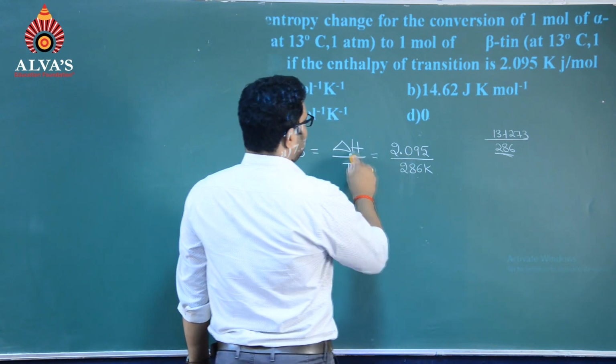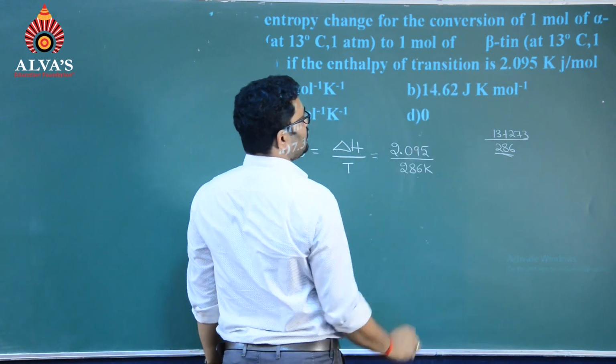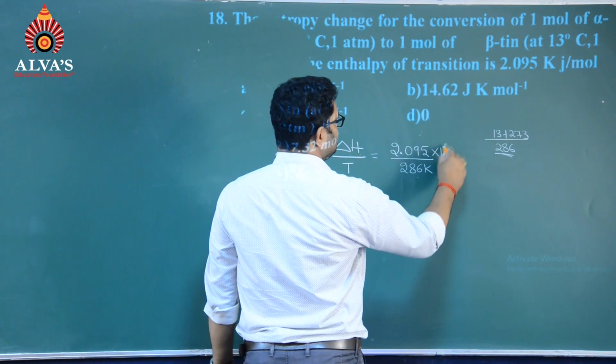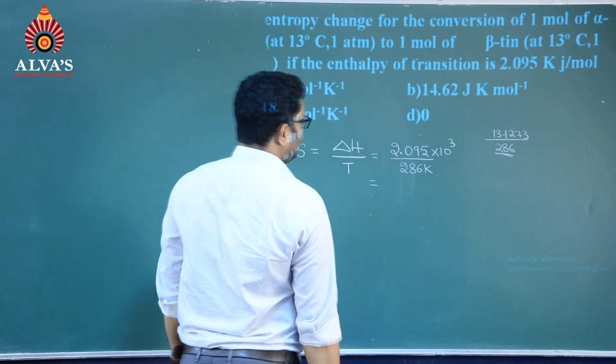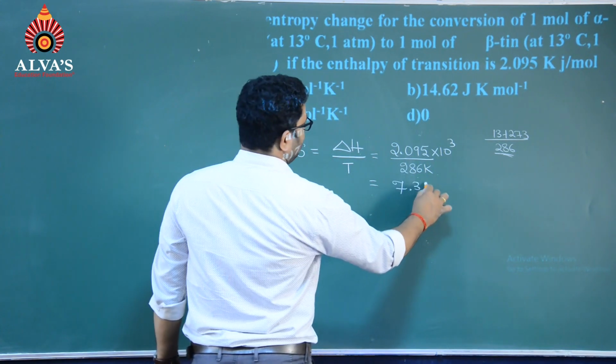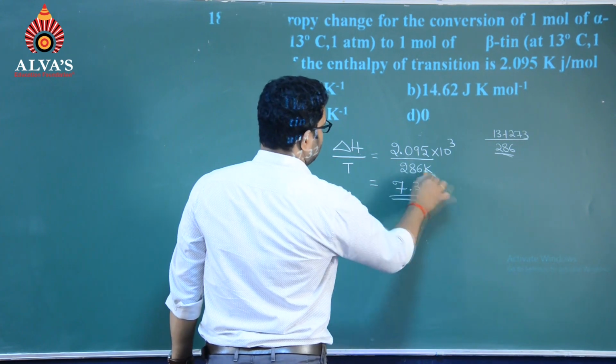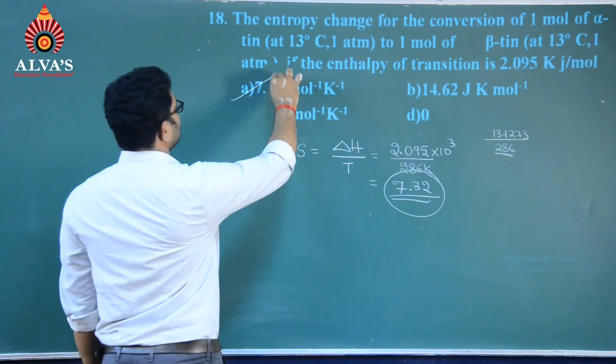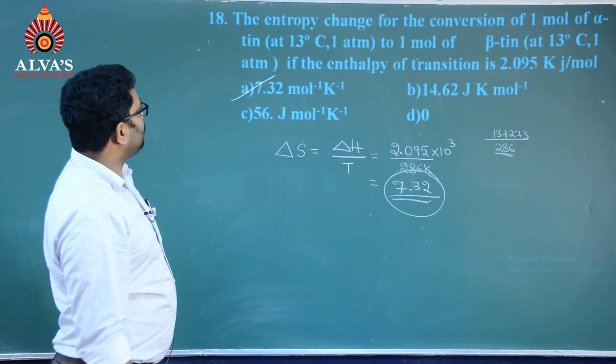Now, delta H is in kilojoule, convert it into joule. Now, the final answer should be 7.32. Therefore, option A is the answer for question number 18.